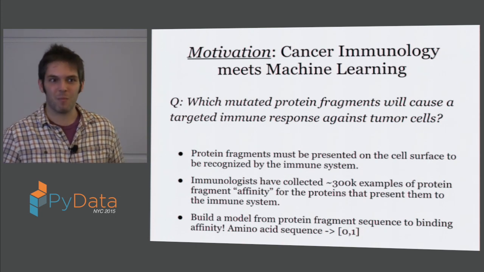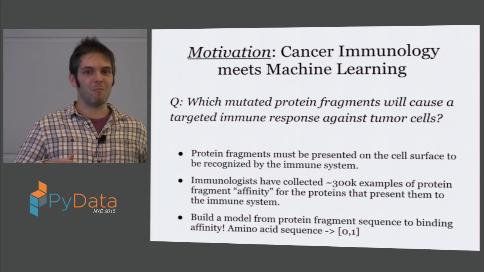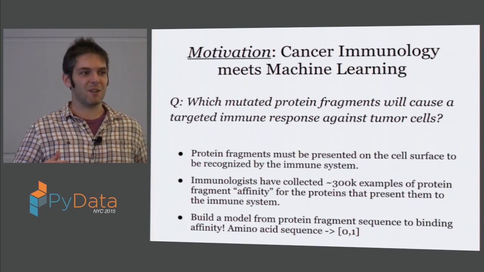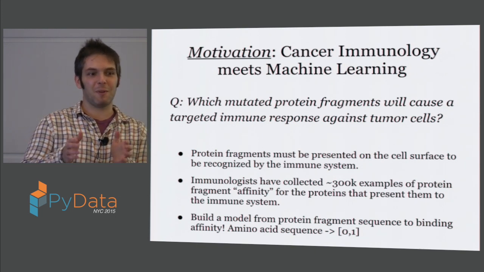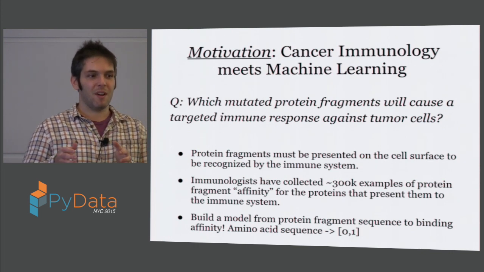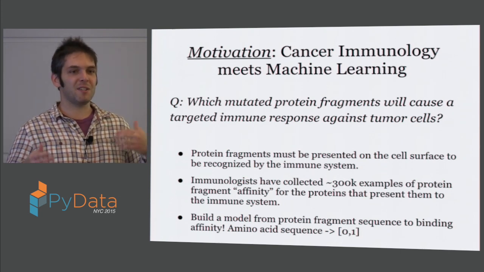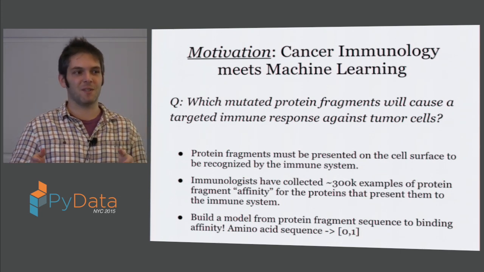One particular problem of interest is: if we know the mutated proteins in a particular cancer, can we predict which fragments of those are going to be recognizable by the immune system? This boils down to a regression task over short sequences.